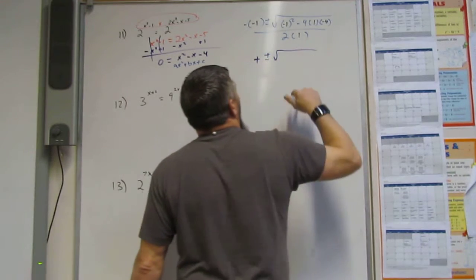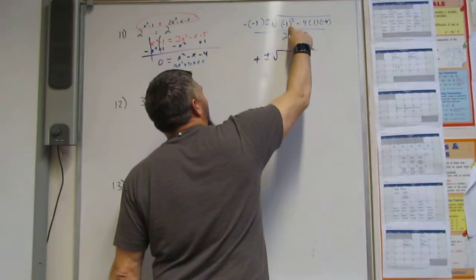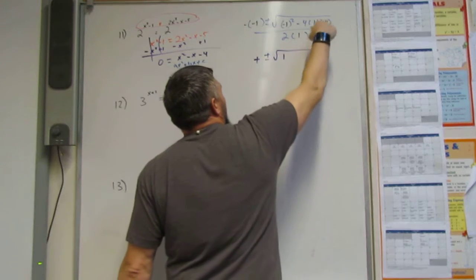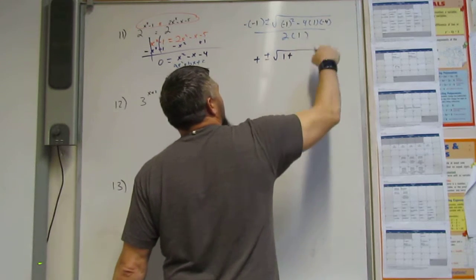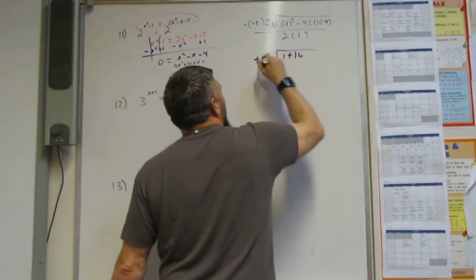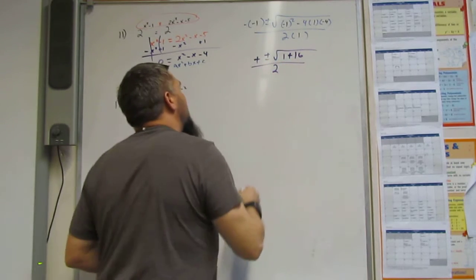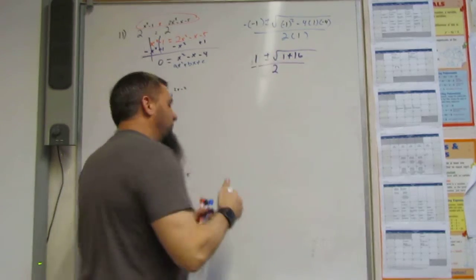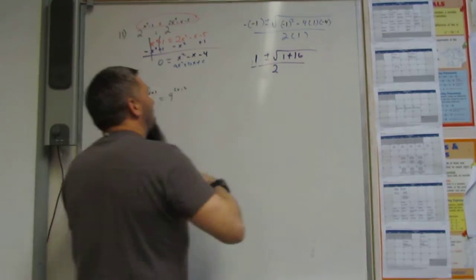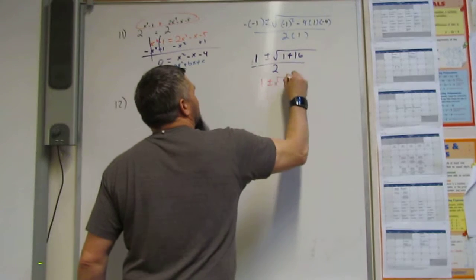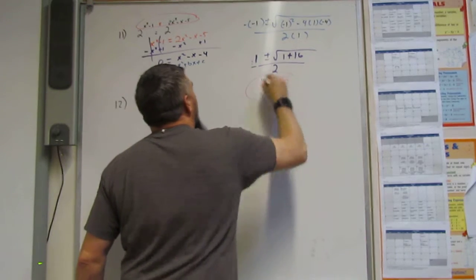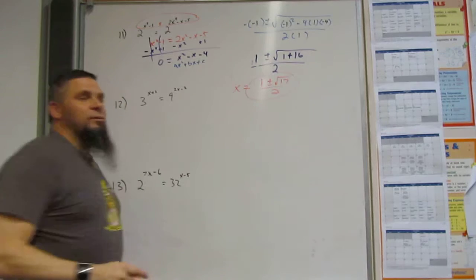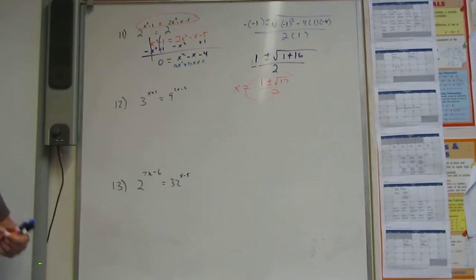Negative 1 squared is 1. Negative times negative is a positive. 4 times 4 is 16. 2 times 1 is 2. And so then I have 1 plus or minus the square root of 17 all over 2. And that's your x. I put 2 pluses instead of 3. Yeah, my bad. Alright? Good.